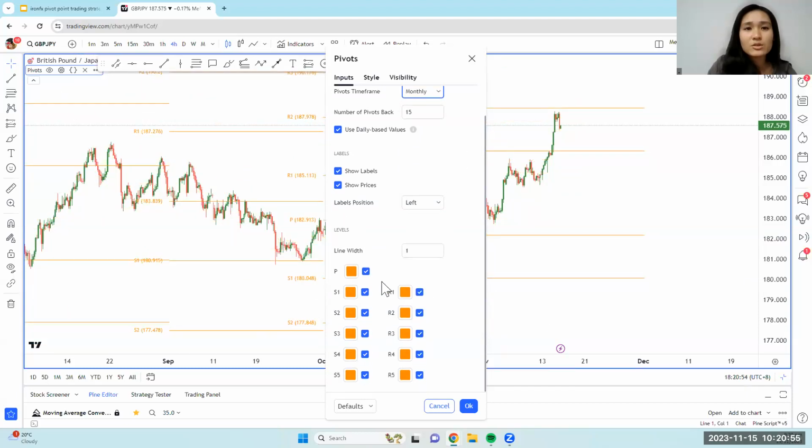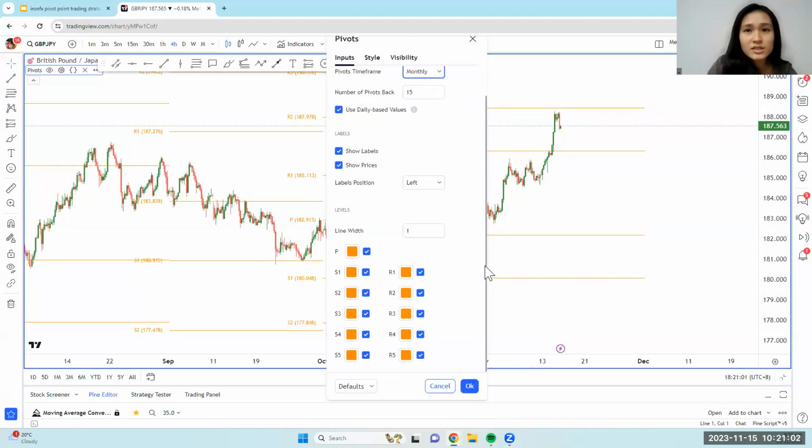Okay, and if you look here, the settings for pivots, this is the pivot point for standard. Yeah, the standard settings.